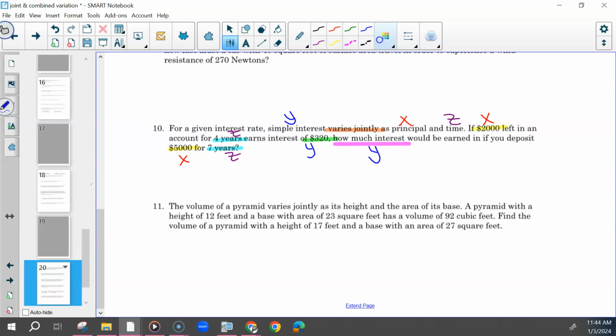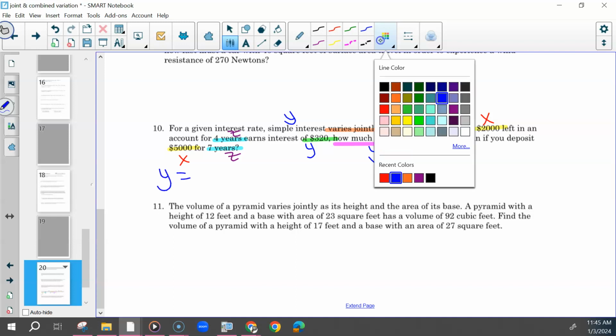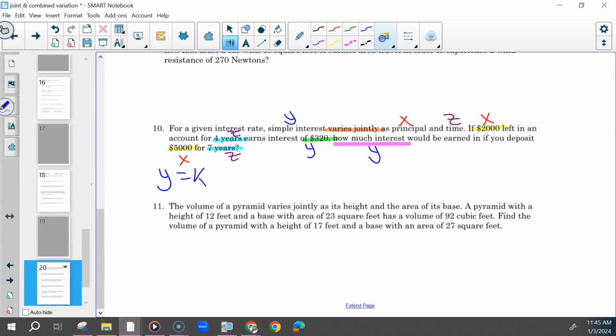Alright, so let's set up our original. For a given interest rate, simple interest varies jointly as principal and time. What would that look like? Y equals kxz. So in our original, we have 2,000 for x, 4 for z, and 320 for y.